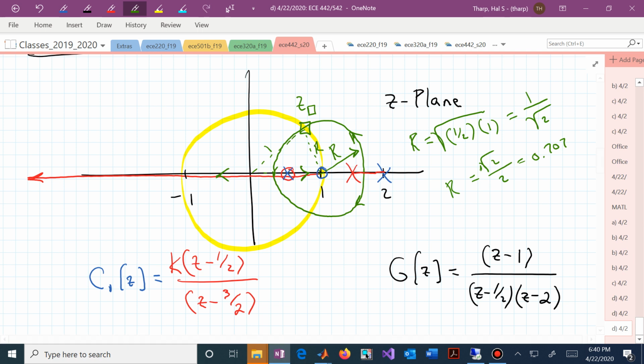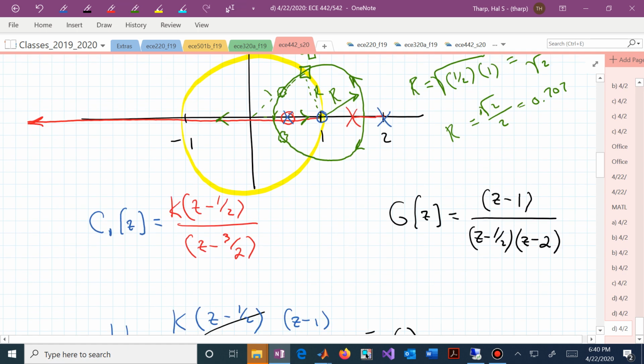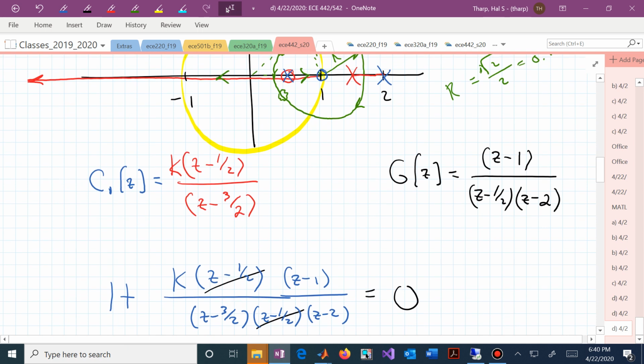And we will then find that we can crank up the gain a little bit more and maybe say, oh, let's make our closed loop poles such that they are at the cloud locations. Well, here is some of the analysis that we could now perform. We have a controller that has a 0 at 1/2, which cancels the pole at 1/2.